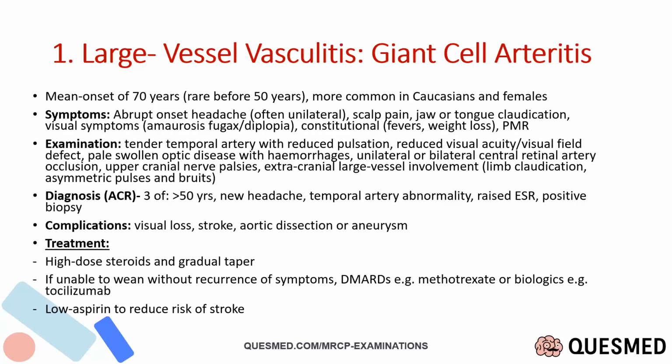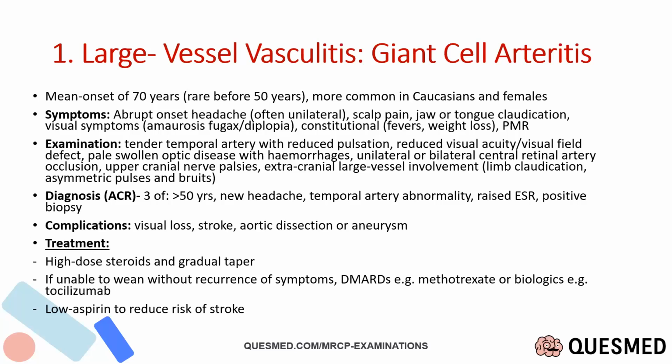So treatment is starting high-dose steroids. So in most trusts it's either pulsed methylprednisolone for 3 days if there's visual involvement, or 60 milligrams of prednisolone if there's no visual involvement. And by visual involvement, for me, that means visual loss or amaurosis fugax. I'm not really fussed if it's a bit of blurring of vision. I'd rather put them on a lower dose.